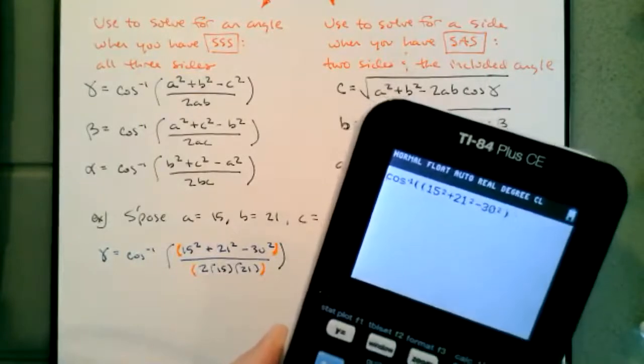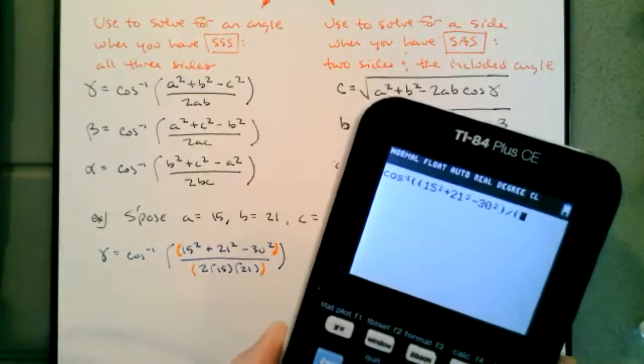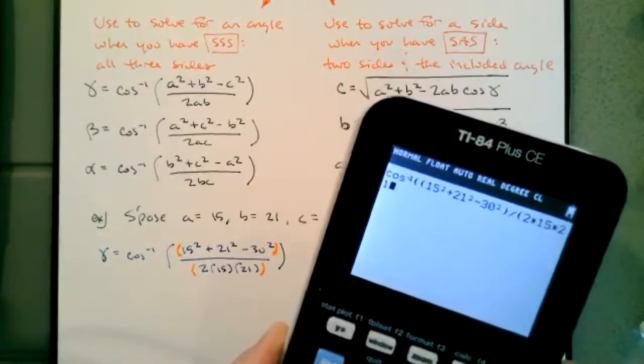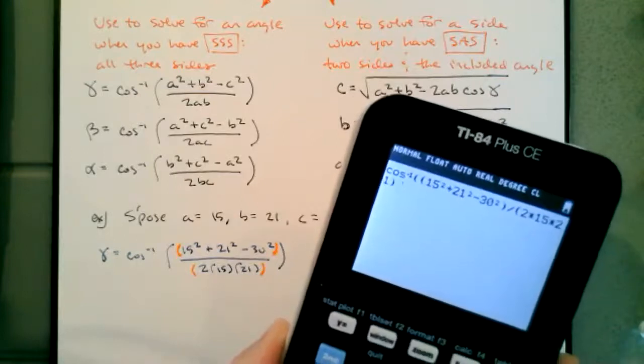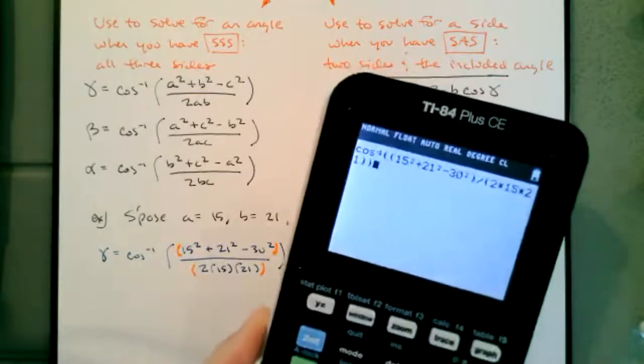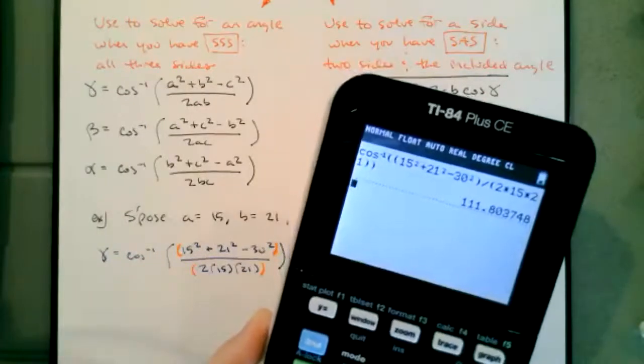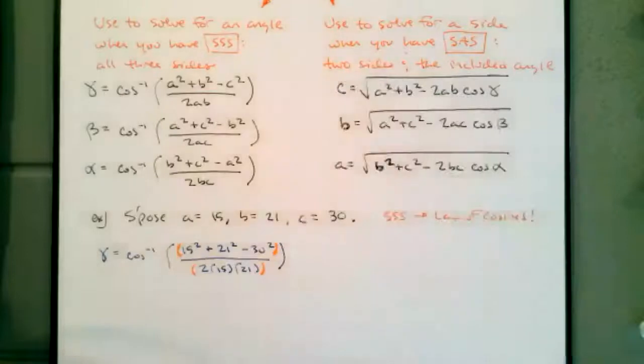Close the numerator, divide, open the denominator, 2 times 15 times 21. Close the denominator, close the cosine inverse, and cross fingers and hit enter. And it looks like angle gamma is 111.8 degrees.